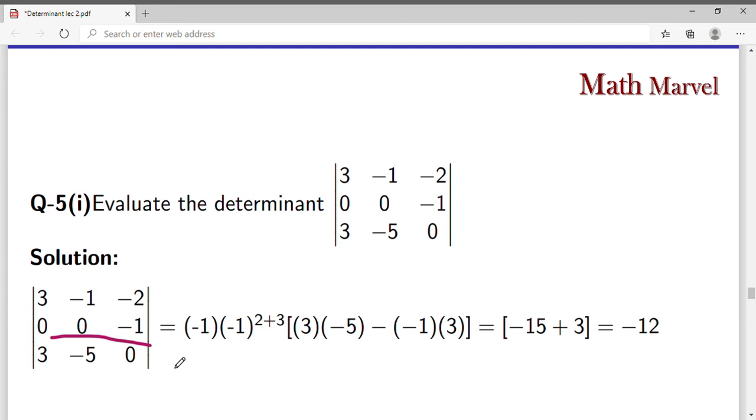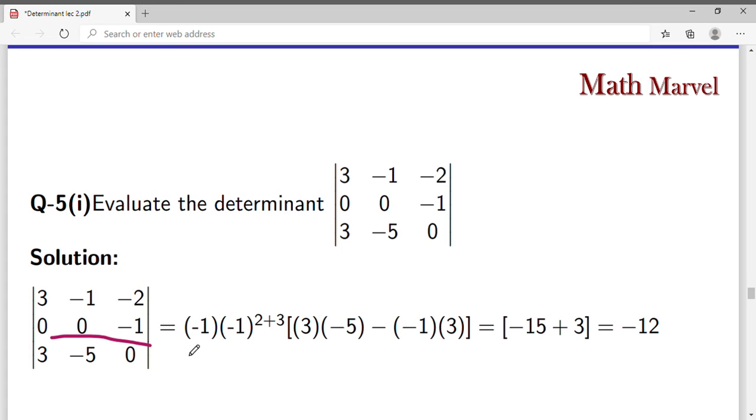So now consider the second row. We know that if we multiply 0 by any number, we get 0, so no need to write the first element. In the same way the second element is 0, so again no need to write it. Directly we consider the third element. So write minus 1.